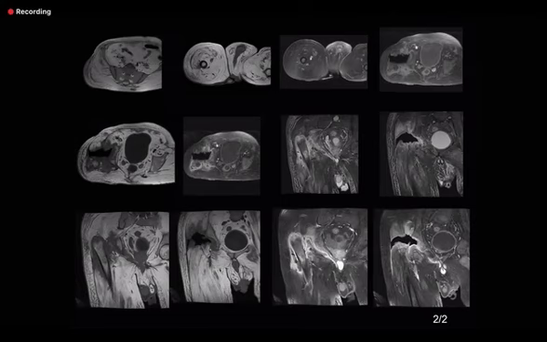Myositis means that this is infective myositis. But as far as liquefaction is concerned, maybe one can argue there is a bit of liquefied material here. There is a lot of gas because of the gas forming organisms. Otherwise, you don't see much liquid there. So, and of course, there is osteomyelitis also.